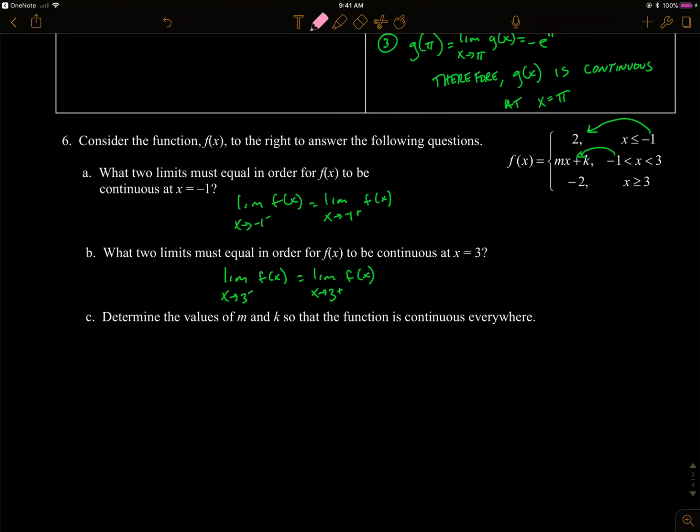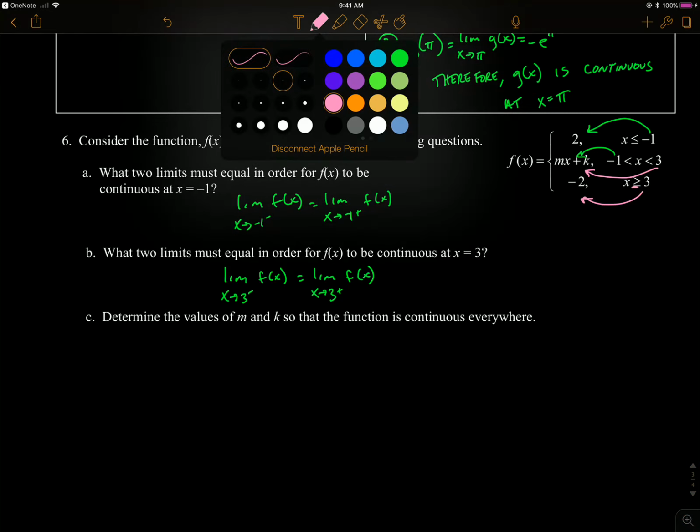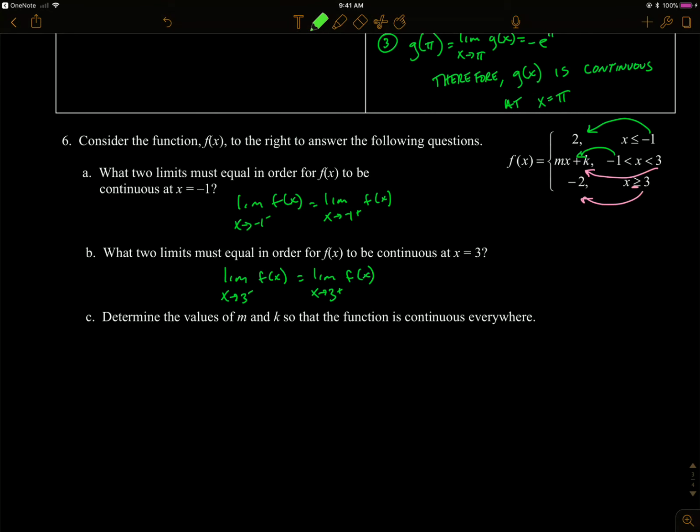Now, to show that it's continuous at 3, because we have the equal sign, f of 3 is going to be just plugging it in there, right? So we want to show that when we plug 3 into that function and 3 into this function, those are equal, and that's what would make it continuous everywhere. We're sort of skipping over the criteria that f of negative 1 is defined because it's clearly defined. We'll talk about that in a second.